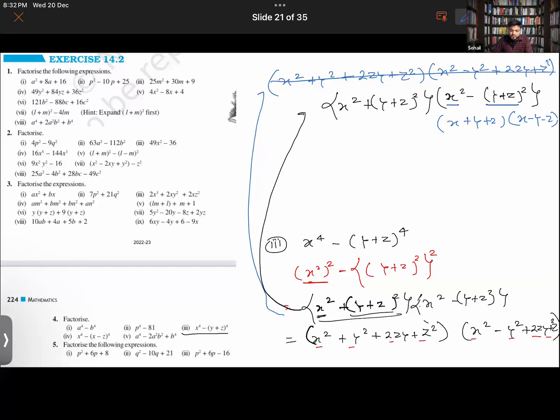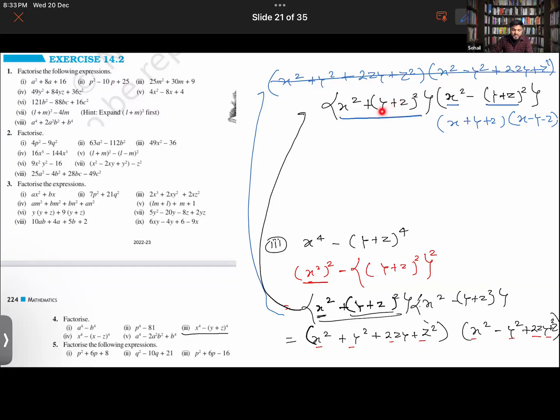See this thing over here. This is a square and this whole term assume it as b, so thereby it becomes a square minus b square. So you can write it like this, a plus b into a minus b, so that is x plus y plus z and a minus b, that is x minus y minus z. So far I hope it is clear to both of you. Getting it now? And then this term we won't be doing any further.